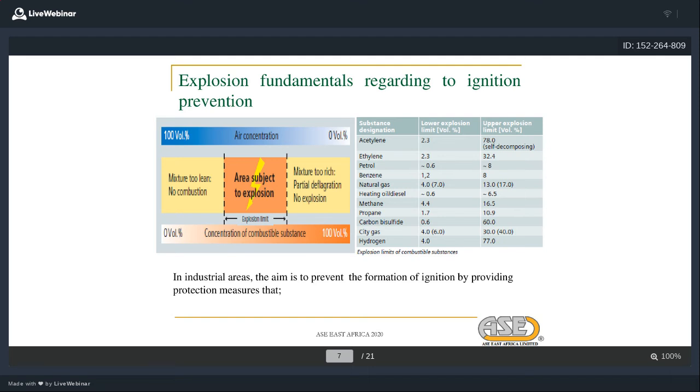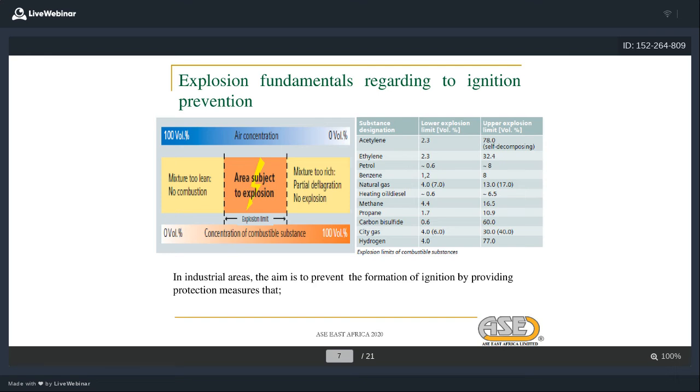We have two limits: the lower explosive limit and the upper explosive limit. Below the lower explosive limit, the mixture is too lean, meaning there is too much air in the mixture.